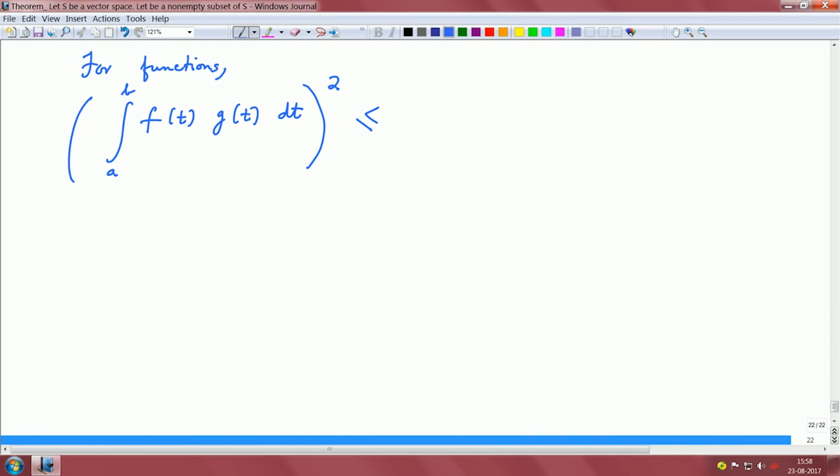We have the inner product of f of t with g of t. This is basically bounded by the individual square norms or the integral norms of the functions. Okay. So this is another property.